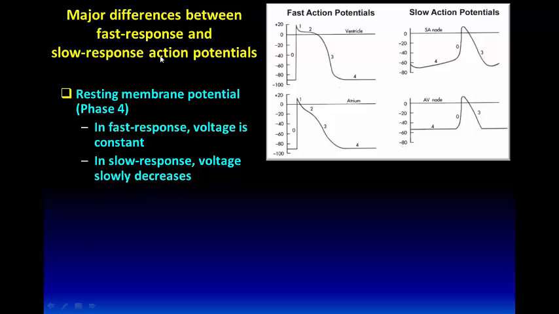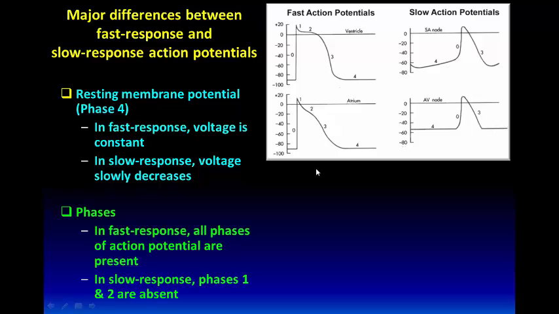The first major difference is in the resting membrane potential, in phase 4. In fast action potentials, phase 4, which is the resting membrane potential, is stable, is constant. Whereas in the slow action potential, the voltage slowly decreases, it is unstable. The other major difference is in the phases of the action potential.